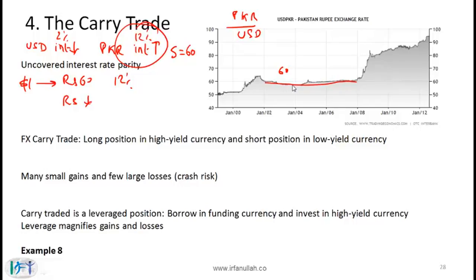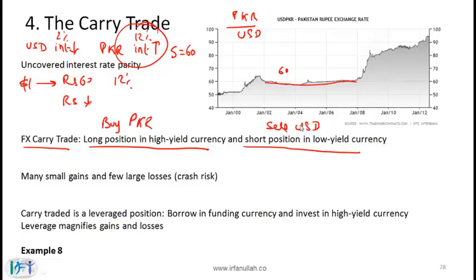And this trade that I just referred to is called the FX carry trade, where an investor would take a long position in the high yield currency. So in my example, the investor would buy rupees, and a short position in a low yield currency, where essentially the investor is selling US dollars.